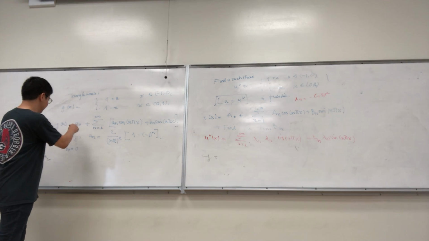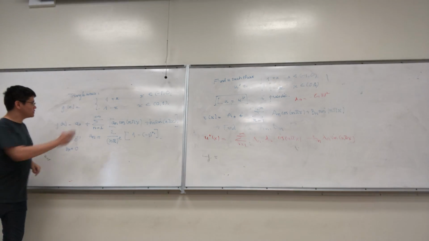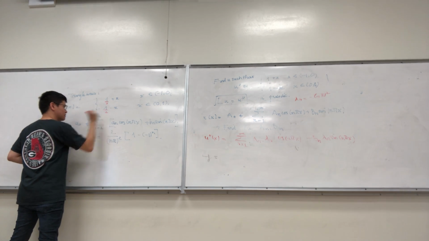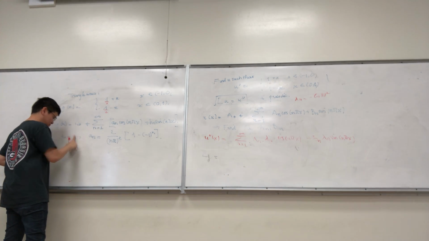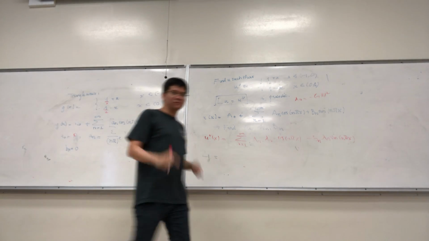So suppose that a0 is 0. So in this case it's the triangle wave, but with a 1/2.